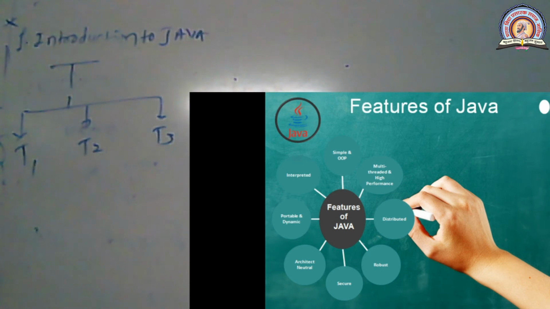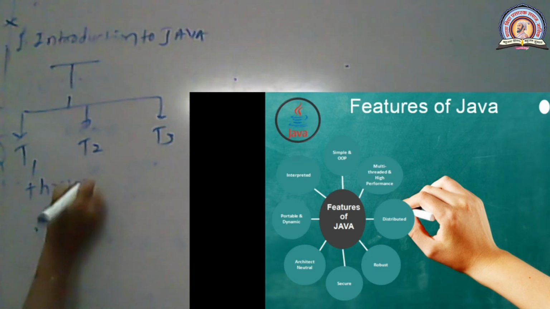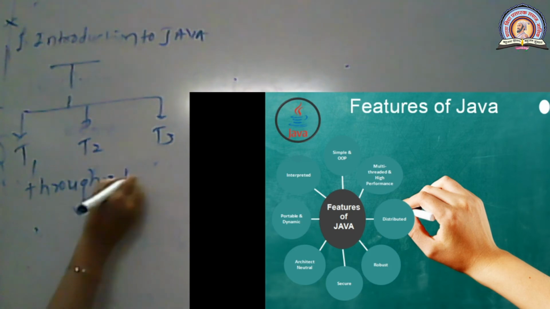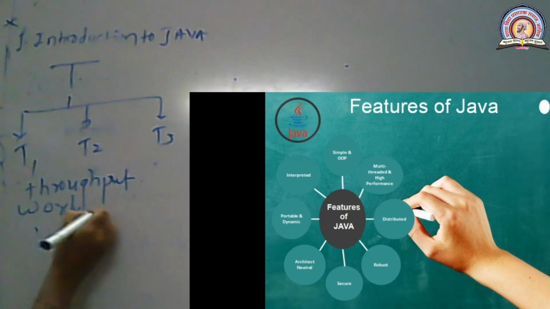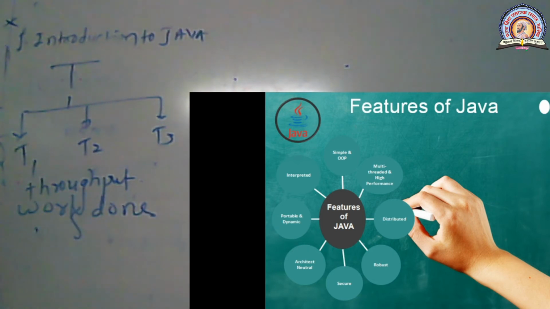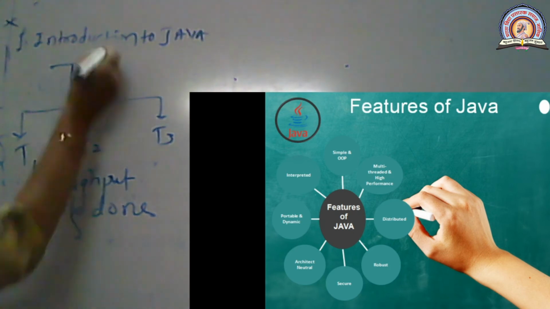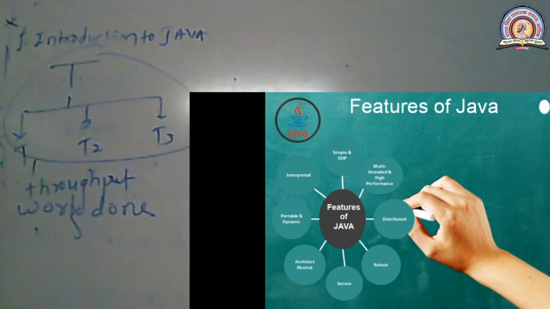Then obviously it will increase the total throughput of the system. Throughput means what? It's the work done in a unit amount of time. That work done will be increased. That task will be executed in a less amount of time. And this concept is called as what? Multi-threading.